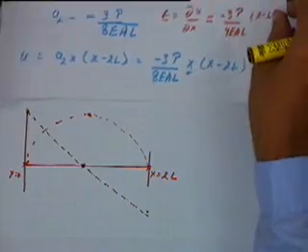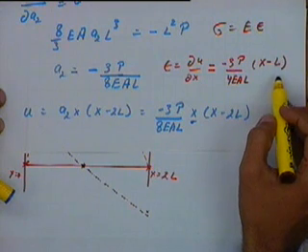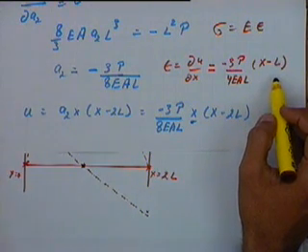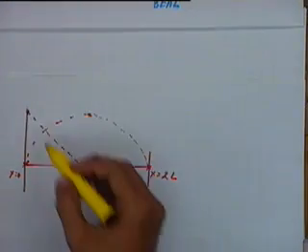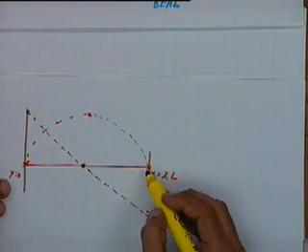If you look at this equation, the strain is a linear term. It is not a quadratic term. Strain is linear. So this is how the strain would look, and this is how the deformation would look.